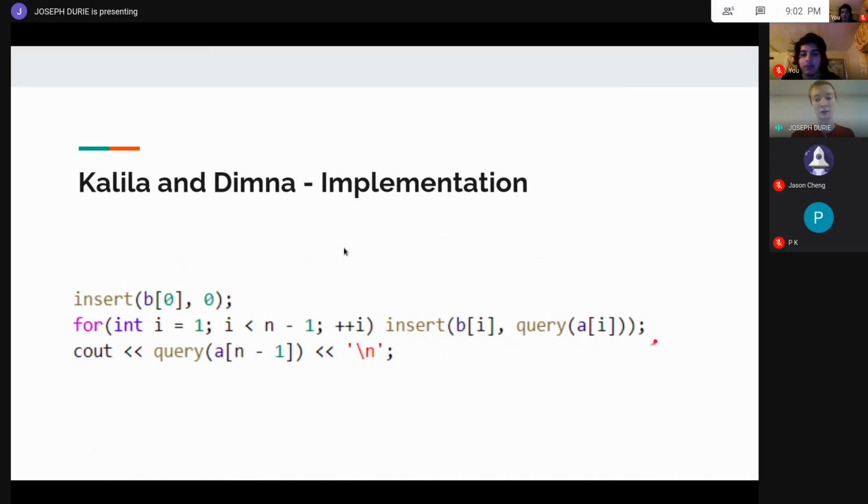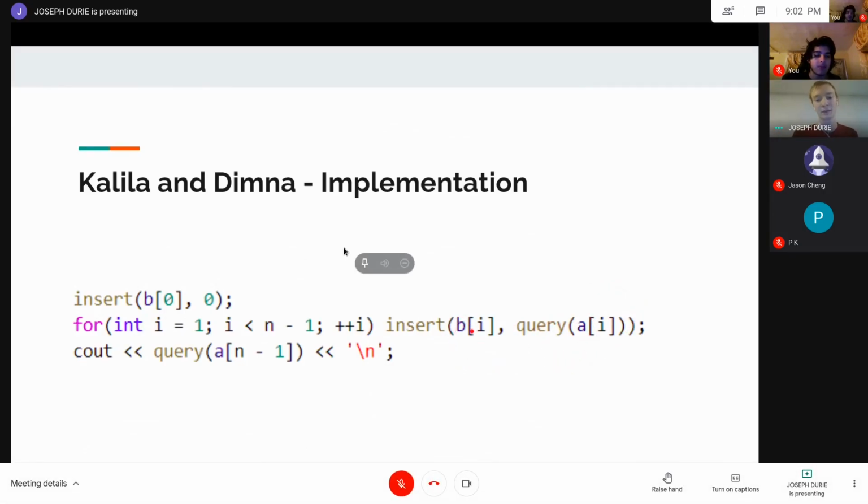So this will first calculate DP I using AI, then use DP I as the y-intercept for the line with slope BI, and add that into the hull. And then at the end, we just need to know the cost to cut down the last tree, so we query A and -1.